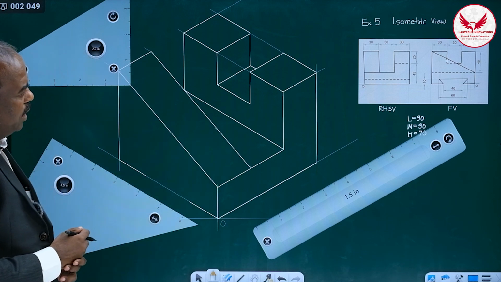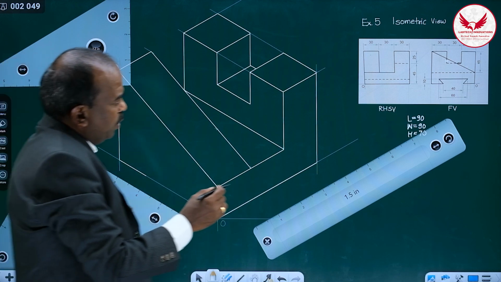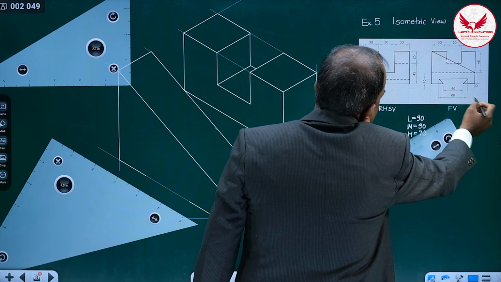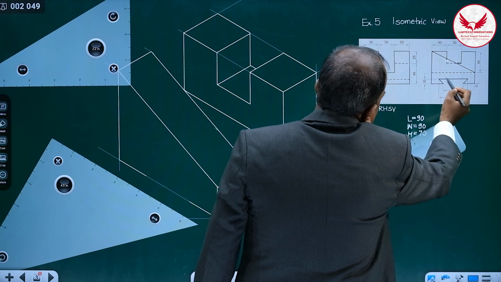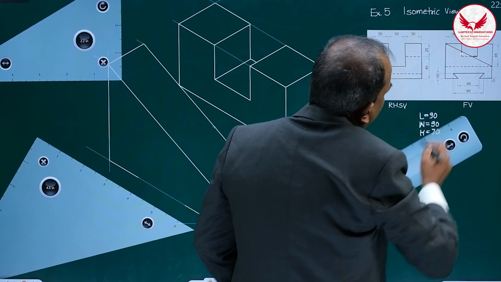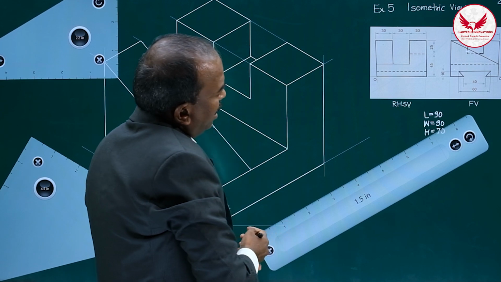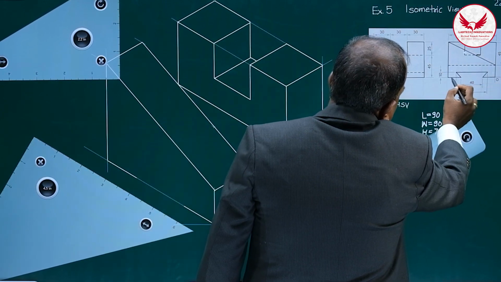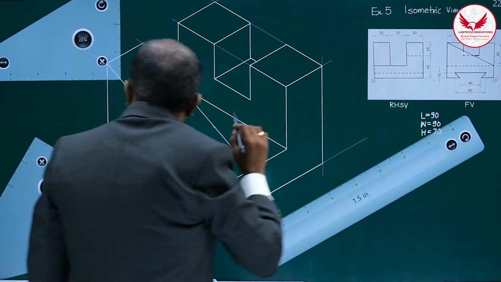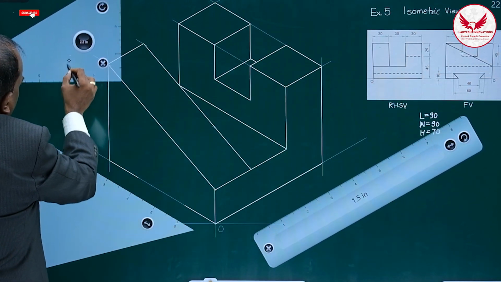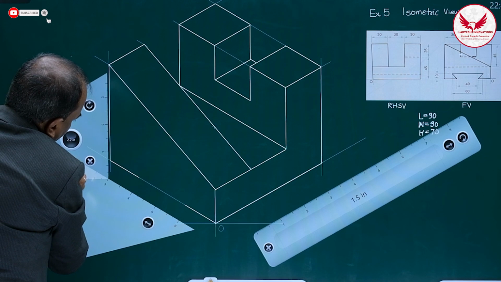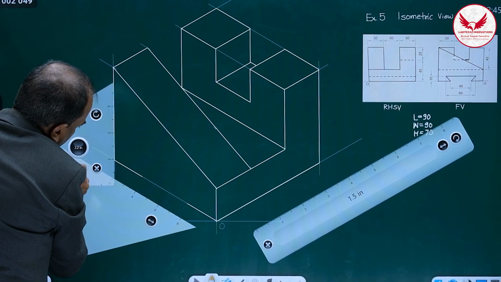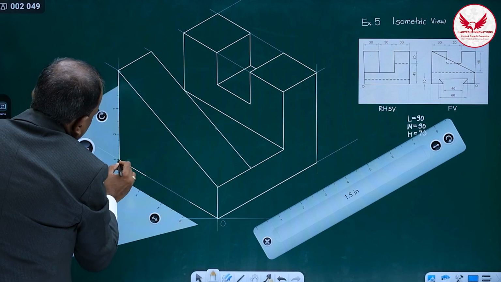And now finally, what is remaining? Only this trapezoidal slot. For this, these distances are given. It is 60, means whatever this gap is and this gap is, how much is it? 90 minus 60, means this is a 15 mm gap, and its height is 10. So easily we can mark that 60 centrally. How can I mark?